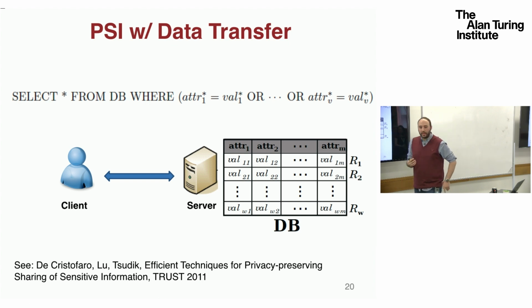There are ways to somewhat circumvent this. For instance, you can plug techniques like private information retrieval on top of it, so that you have logarithmic complexity, but still that's not really scalable.